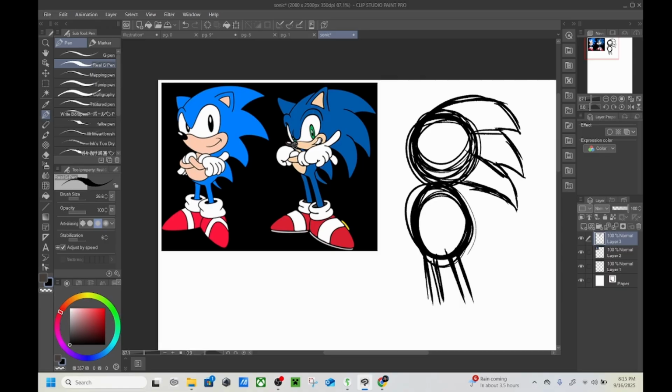And depending on what level of maturation the Sonic is, you can decide what shape his little patch here is going to be. I think if we're going for an older Sonic, we should do that sort of guitar pick shape. Right. Yeah. And his feet, more triangles, really.